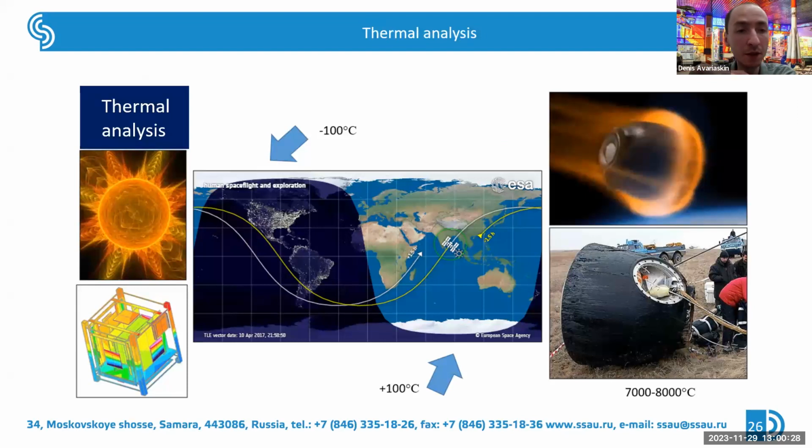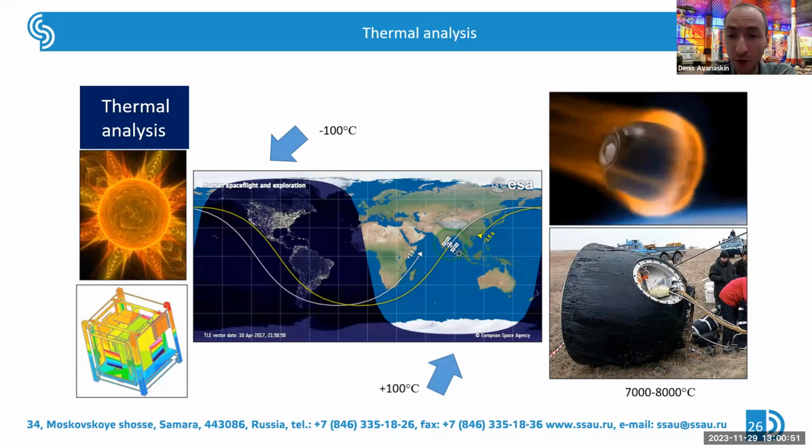The next thing is thermal analysis. Basically, when a satellite flies around the Earth, one period, one turn, the satellite makes in approximately 1.5 hours, 90 minutes.